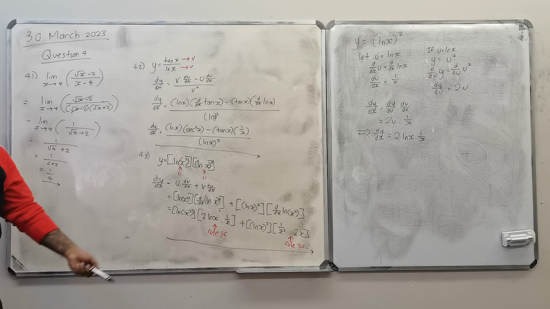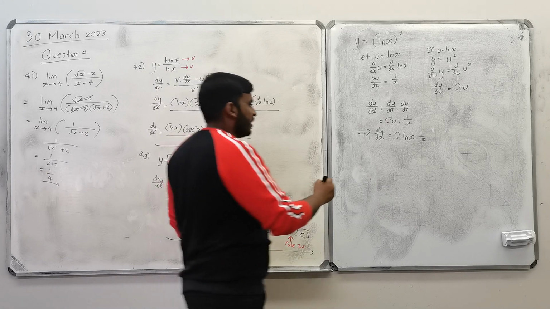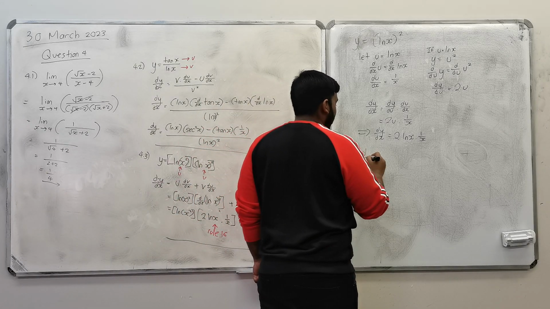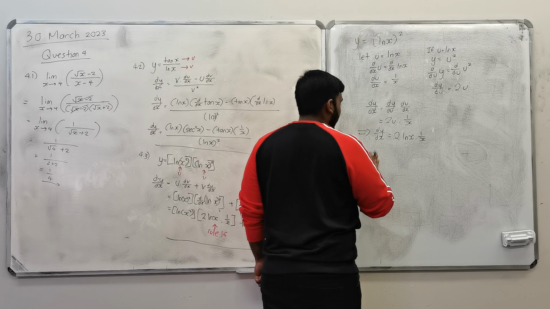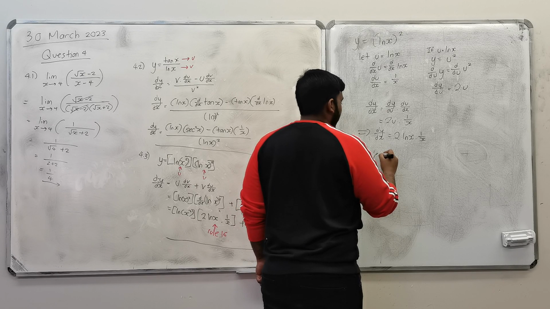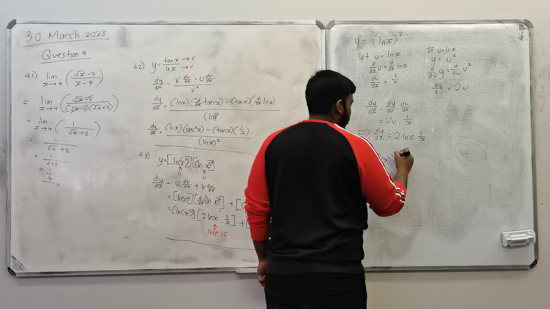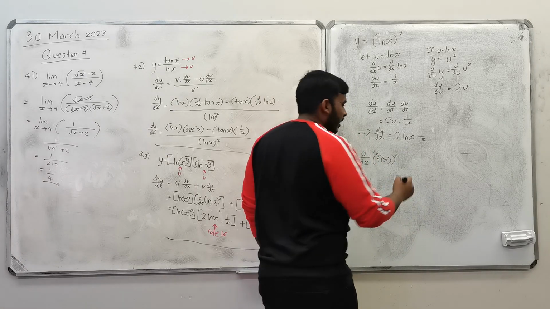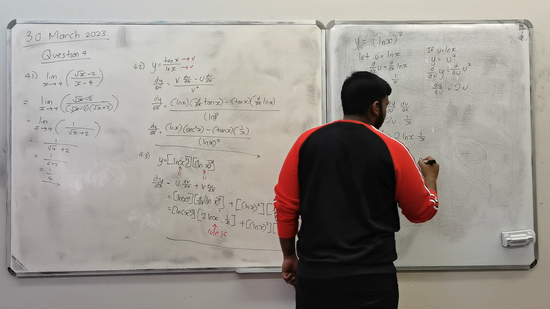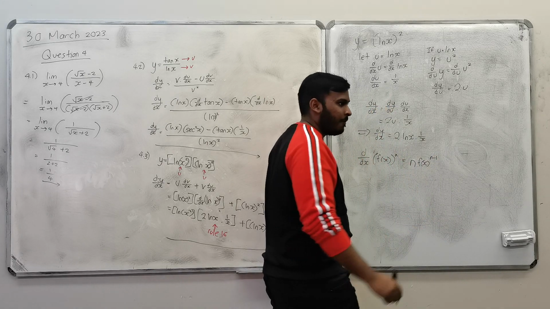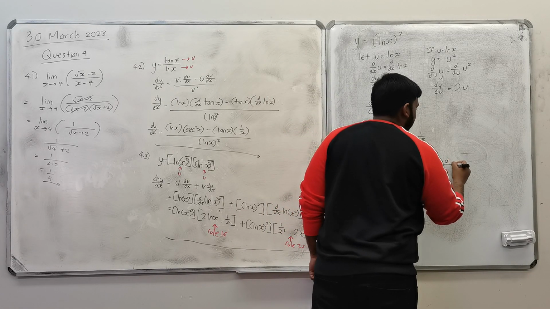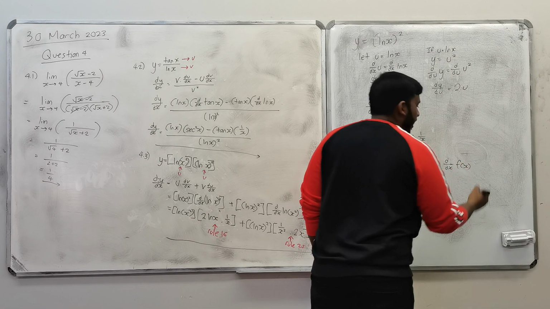And how you use the rules is, rule 16 says that differentiation d over dx of f of x to the power n is equal to n times f of x to the power n minus 1 times the derivative of f of x.